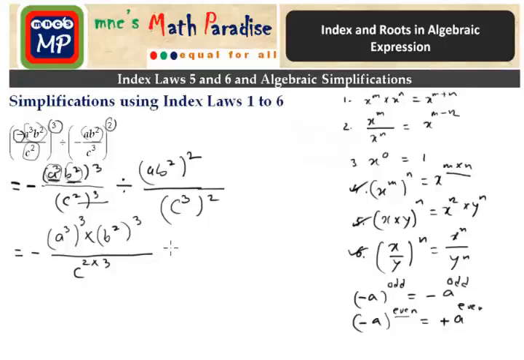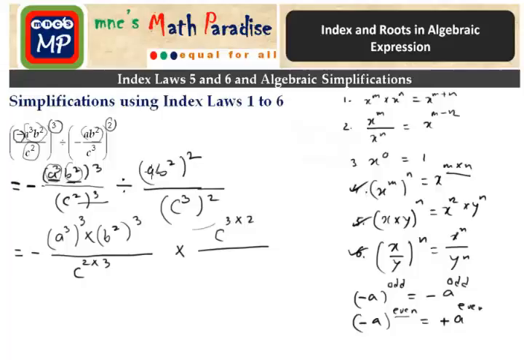Now this division, if we convert it into multiplication, then this denominator will go into the numerator, so we will get c to the power 3 to the power 2, so we will get c to the power 3 times 2 using this power on power formula, that is index law 4.